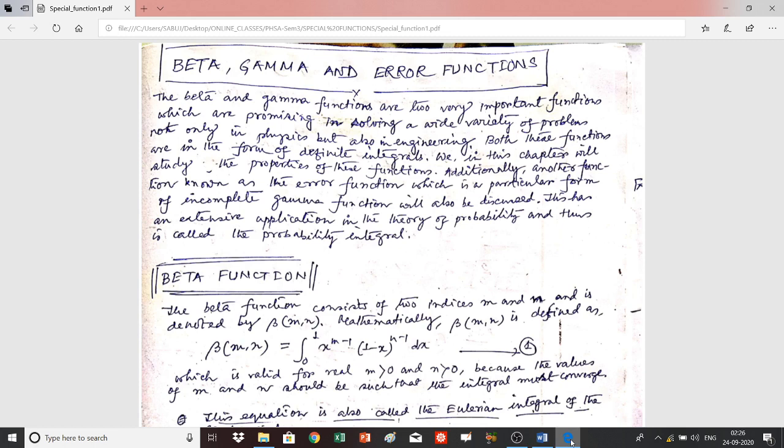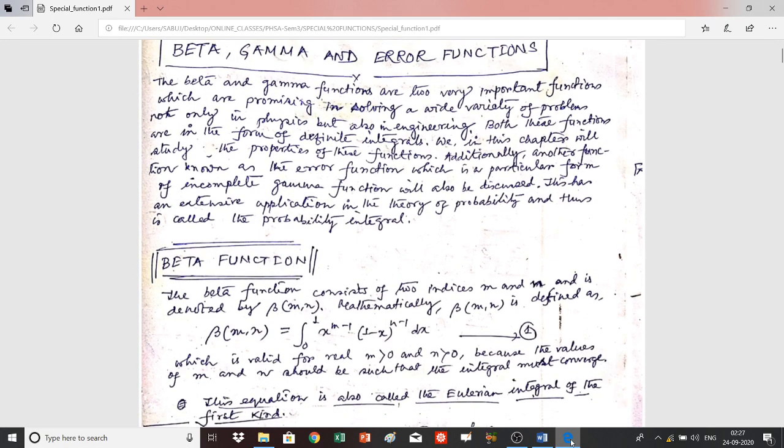This error function is nothing but one particular form of the incomplete gamma function. That is, the error function evolves from the incomplete gamma functions. The applications of these functions are also important in statistical mechanics. For example, to find out the probability, this function is very important, especially the error function.